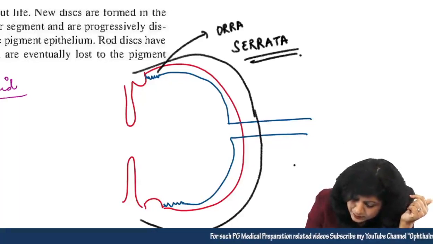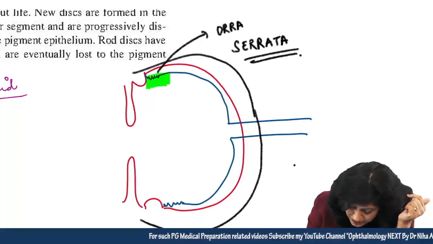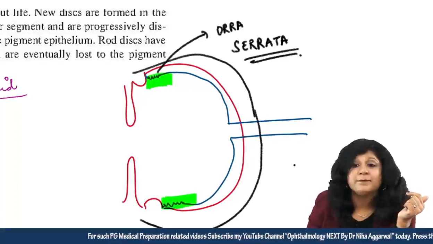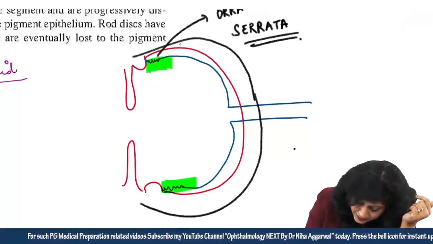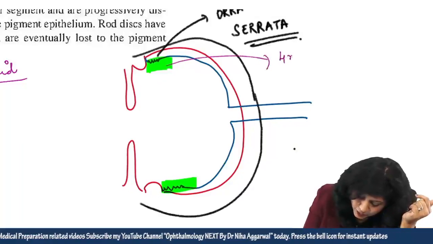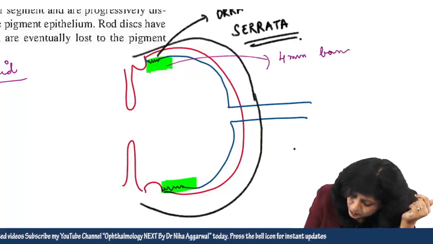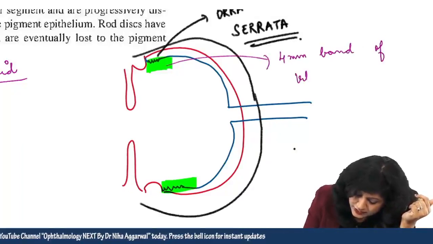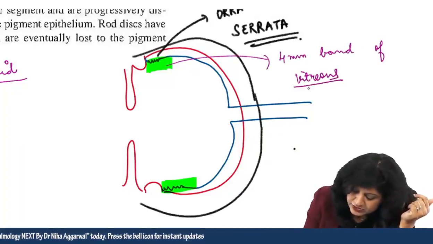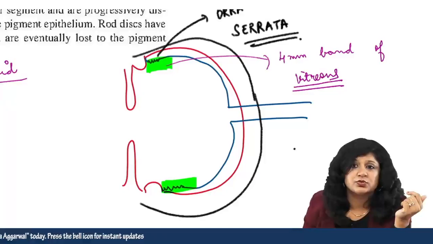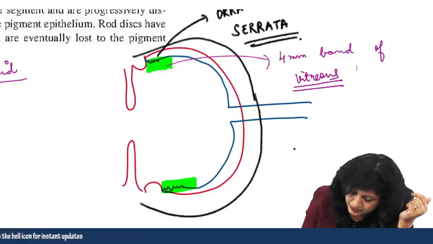At this place, the vitreous is very, very strongly attached. And if you look at the dimensions of this area, it is a 4 mm band of the vitreous. This 4 mm band of vitreous, which is very, very strongly attached to the ora serrata, is called the vitreous base.